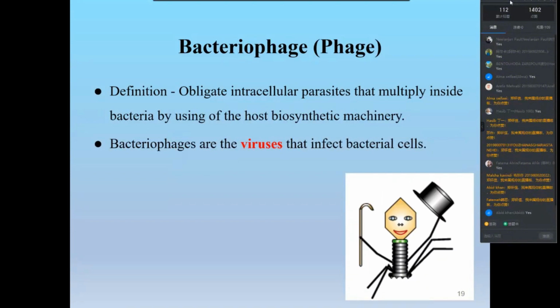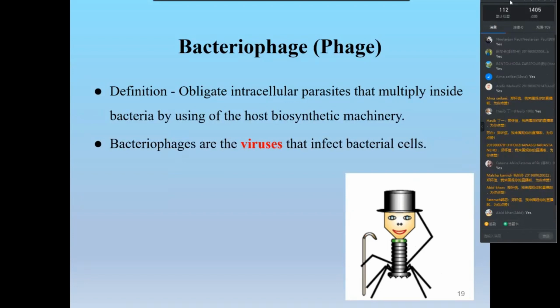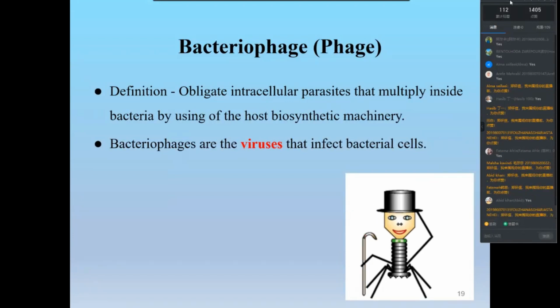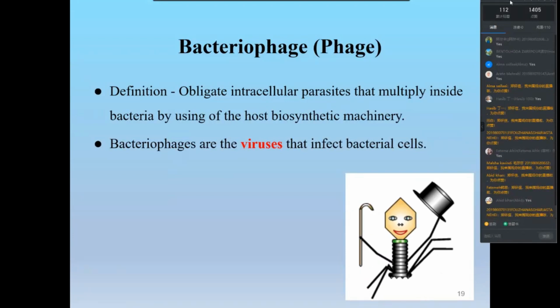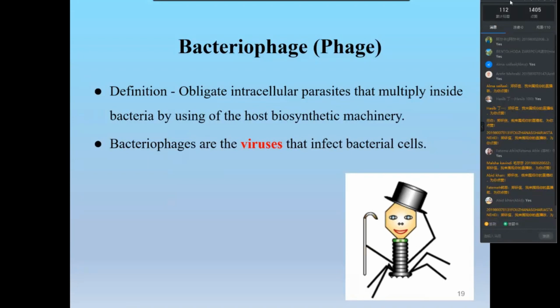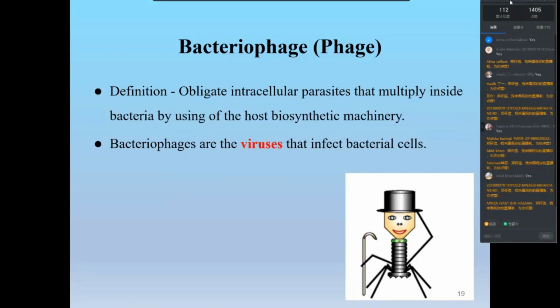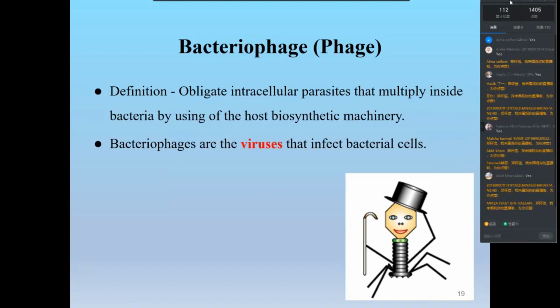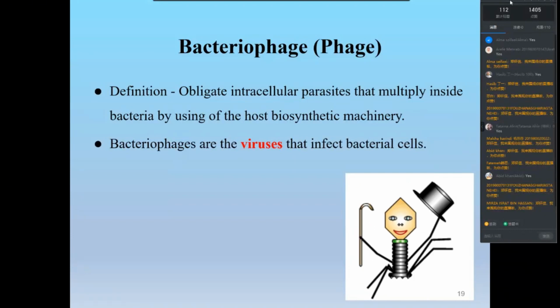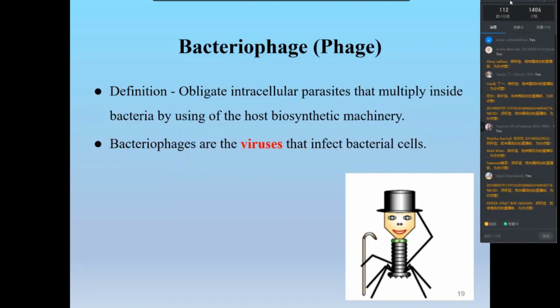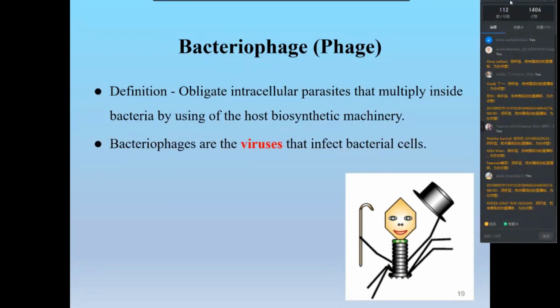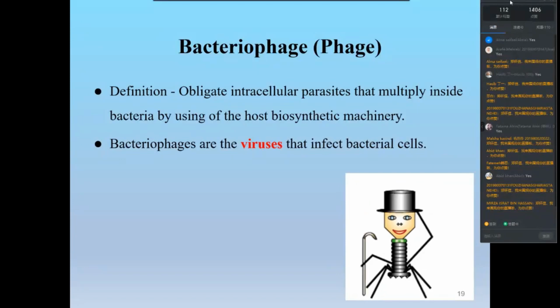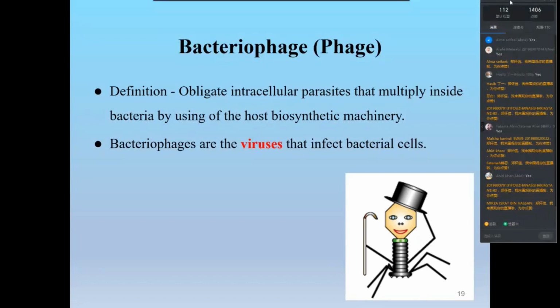So they are obligate intracellular parasites that multiply inside the bacteria by using the bacterial biosynthetic machinery. So a phage or bacteriophage cannot replicate by itself. It can only replicate in the bacteria, because they are virus particles.